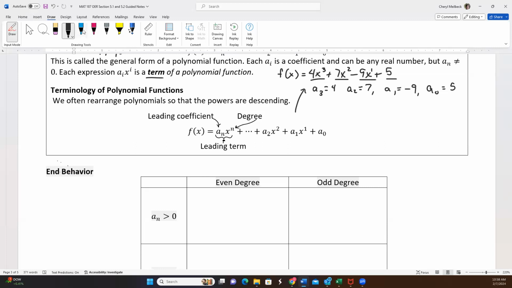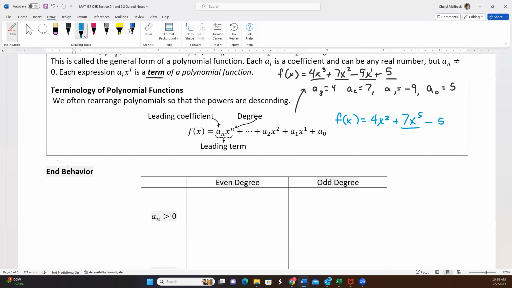Let's look at a different example. Say we had f of x was 4x squared plus 7x to the 5th minus 5. In this one, we are not put in descending order, but don't be fooled.